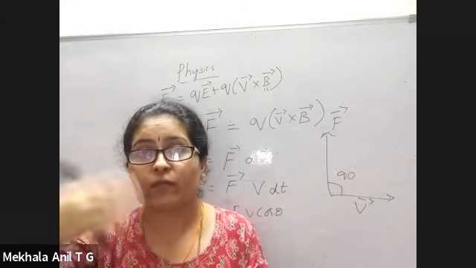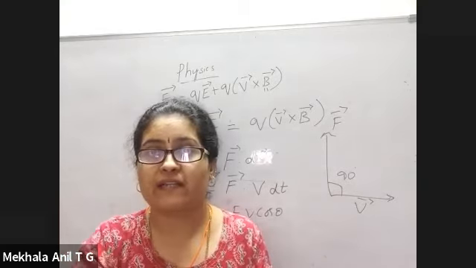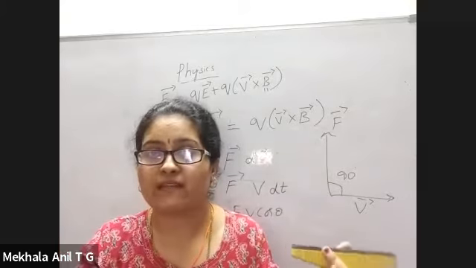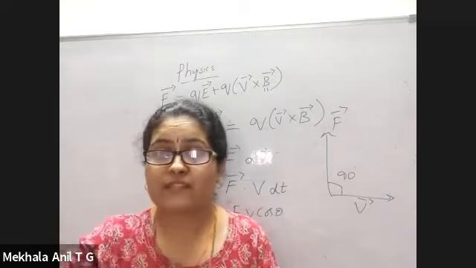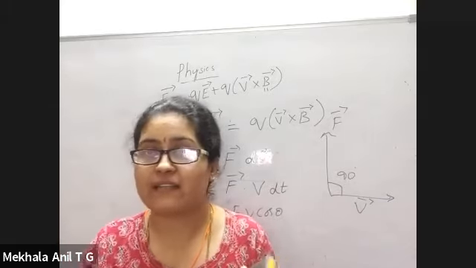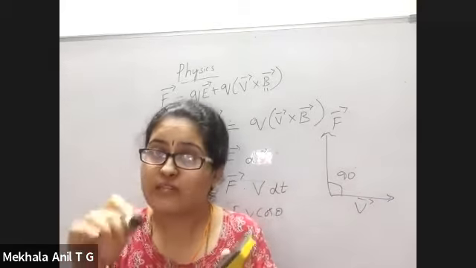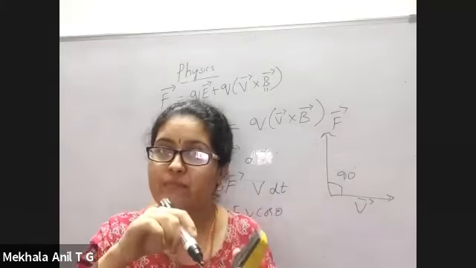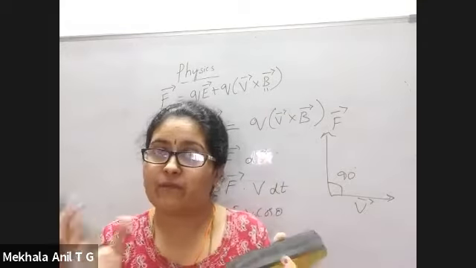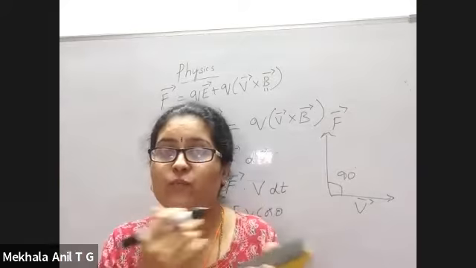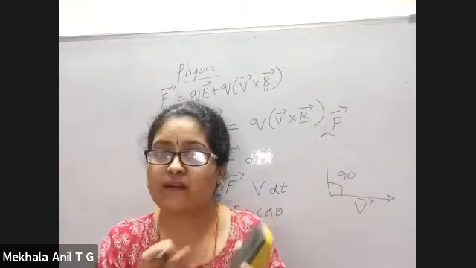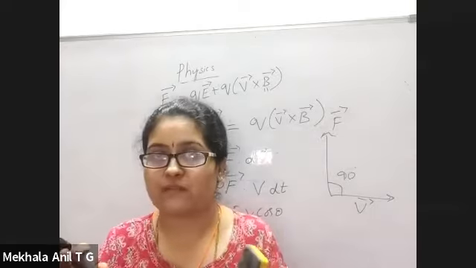Why? Because the velocity of the charged particle would keep increasing, and I don't know what the effect of it would be. It may exceed the limit and anything can happen. So that's why nature has designed it in a way that if a charged particle is moving in the magnetic field, only the direction will be altered and never its velocity.